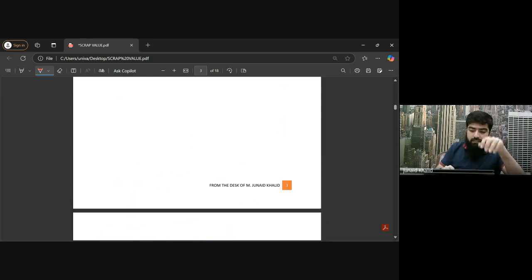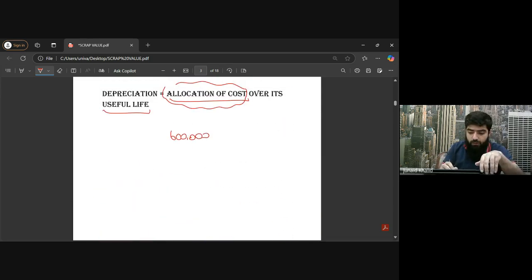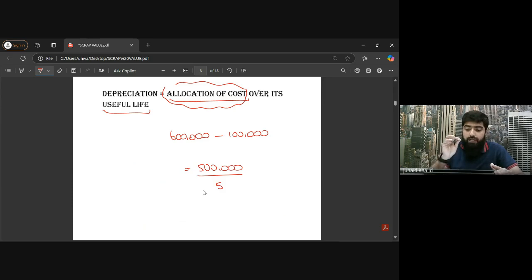So 600,000 is the cost, and out of it 100,000 of benefit will be gathered while selling the asset. In aggregate, the benefit you are getting by using that asset is 500,000. So the cost of 500,000 should be allocated over the period of 5 years.